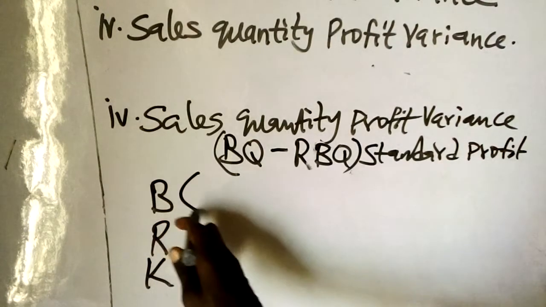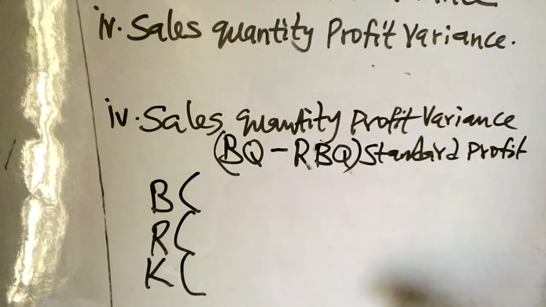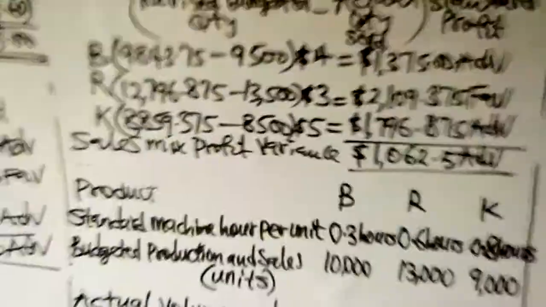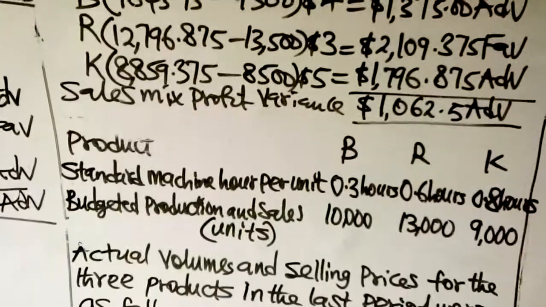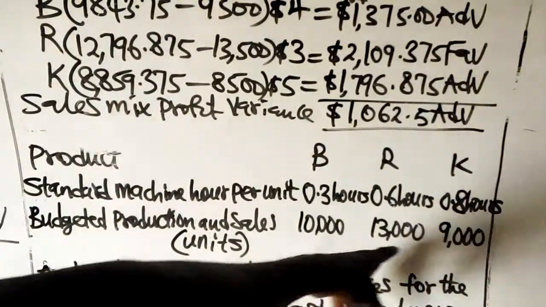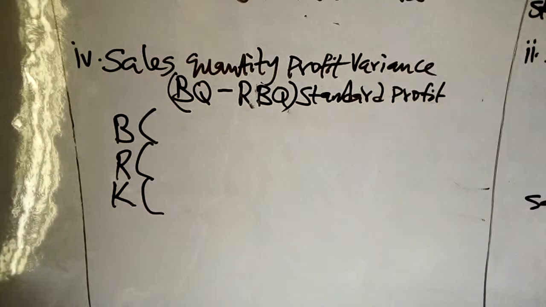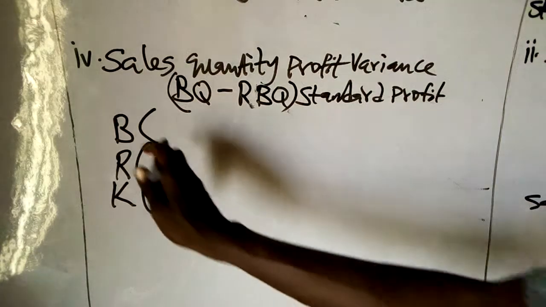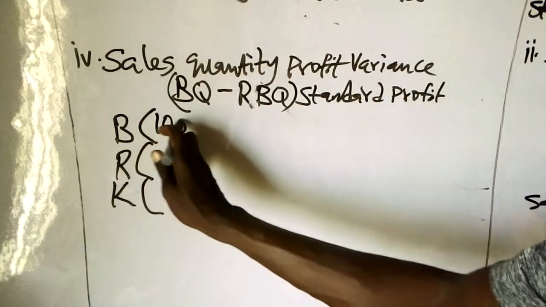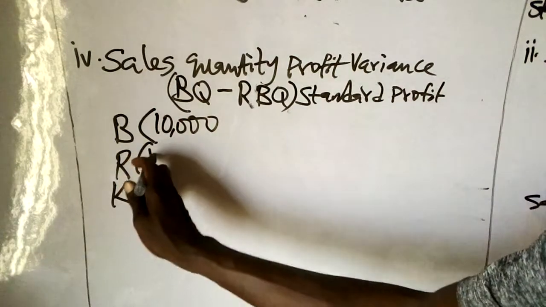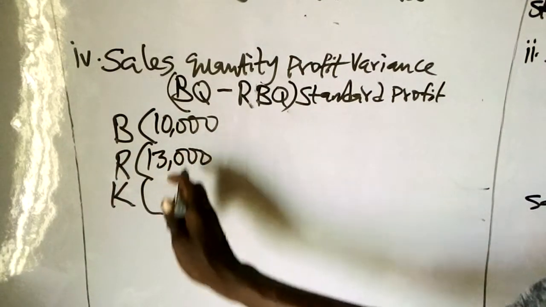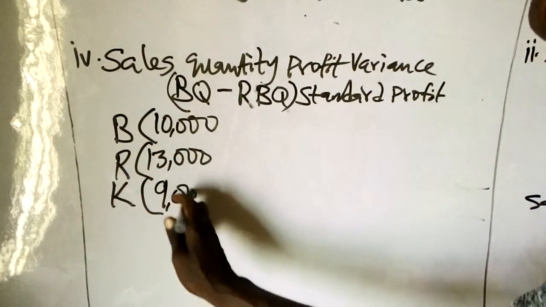Our budgeted quantity: you go to where you have information about budget. Budgeted quantity, we have 10,000, 13,000, and 9,000 units.